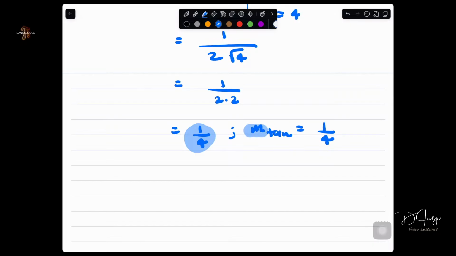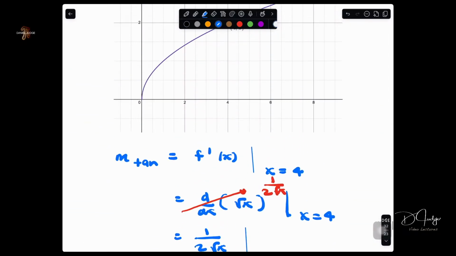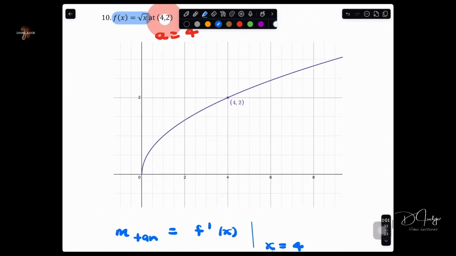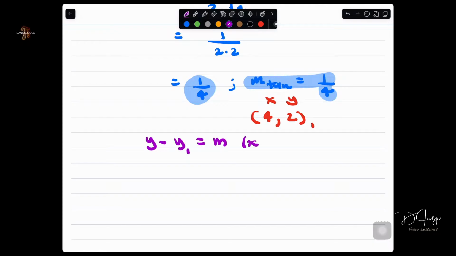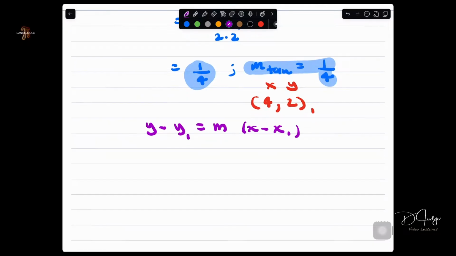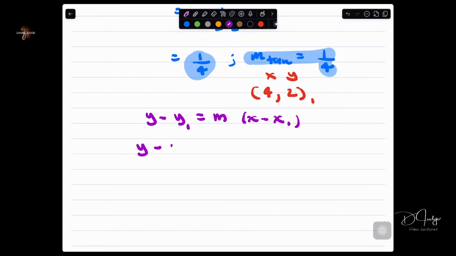Okay. The location, remember, is (4, 2). So I'm going to write that down. This is the one and only point they give you. So by using beginning algebra, y minus y1 equals m times x minus x1, or y minus 2 equals 1/4 times x minus 4 now.